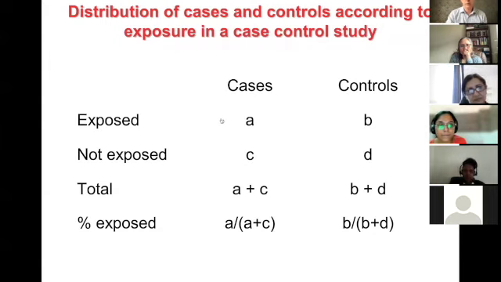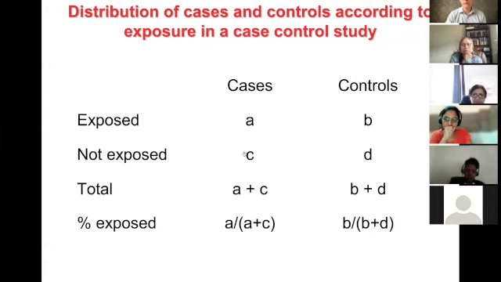How do we order our data? Again, we develop a 2x2 table, as I showed you before. So we have cases and controls and exposed and non-exposed.